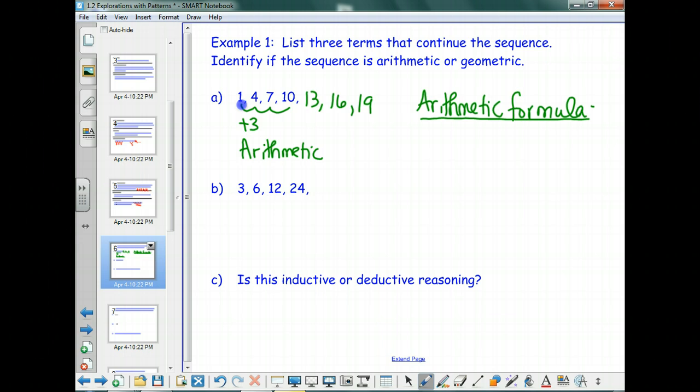What was my common difference? 3. So you take that number. It was 3 in this case. And you use that 3 and you multiply it by whatever variable name you want to use. I'm going to use n because we called it n formula. So I've got 3 times n. So that's how you always start it. The common difference times n.